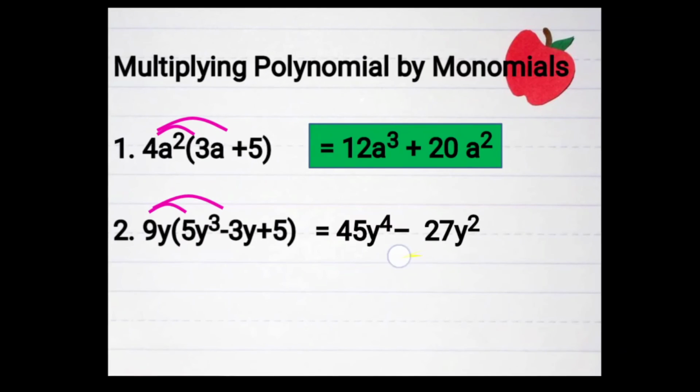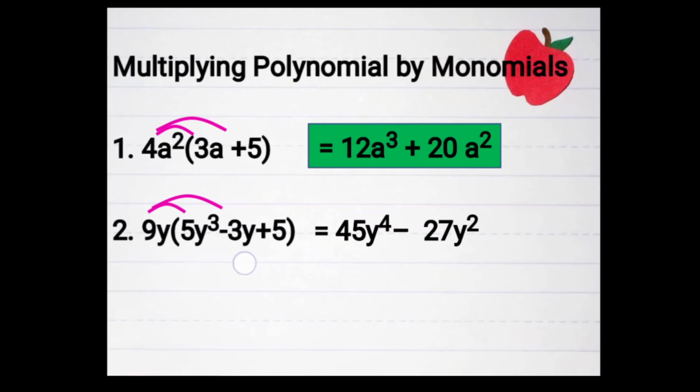Then y times y, again, you have to add the exponent because they have the same bases. So 1 plus 1 is 2. So y squared. That's why we have negative 27y squared as our second term.